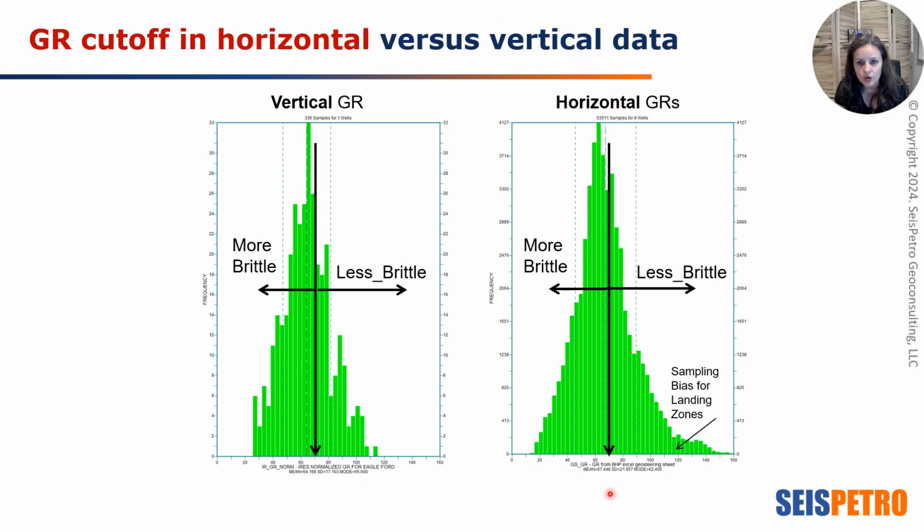It is important to note that the distribution is not exactly the same because we have a sampling bias for the landing zone. All these wells were drilled trying to target the low gamma ray section. So we're going to have this tail here that is a bias in comparison to the vertical wells.